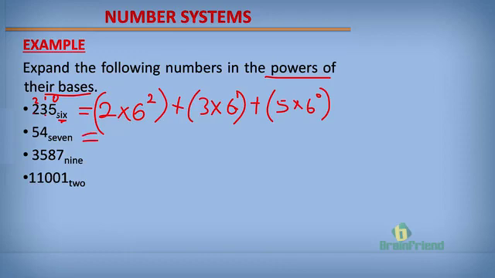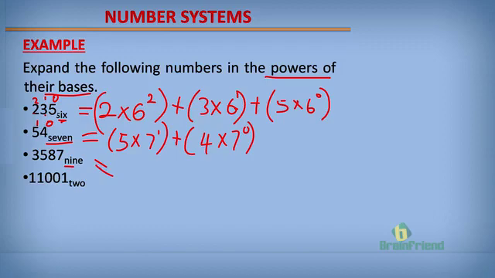Now the next one is 5, 4, 7. Expand it in the power of its base. Its base is 7. So we have 0 here and we have 1 here. So this is simply 5 times 7 raised to the power 1 plus 4 times 7 raised to the power 0. Quite simple. Now for the fourth one, 3, 4, 8, 7 in base 9.